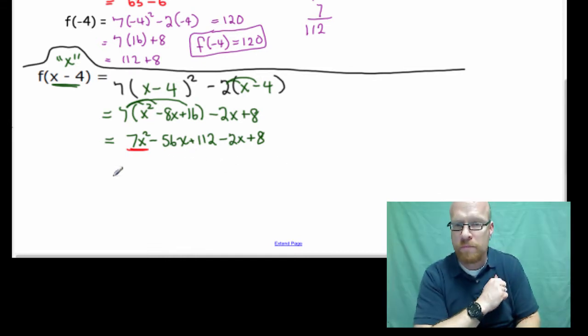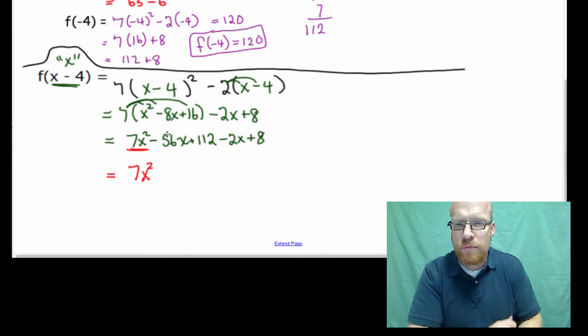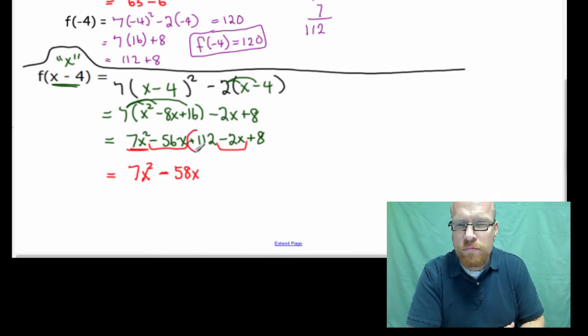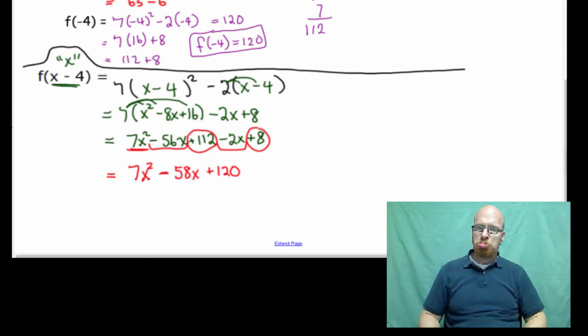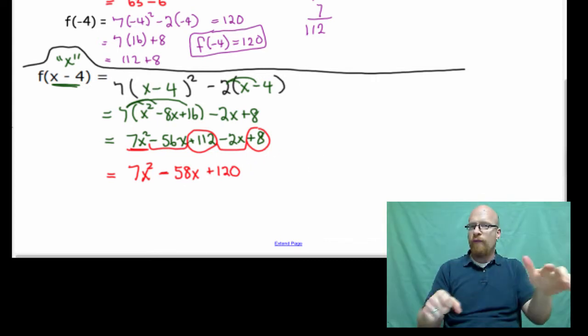Nothing else has an x squared in there, so we're good with that one. So, as I can see it now, this is fully simplified.